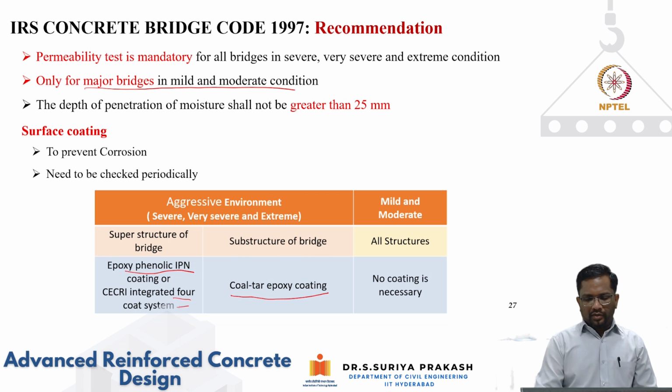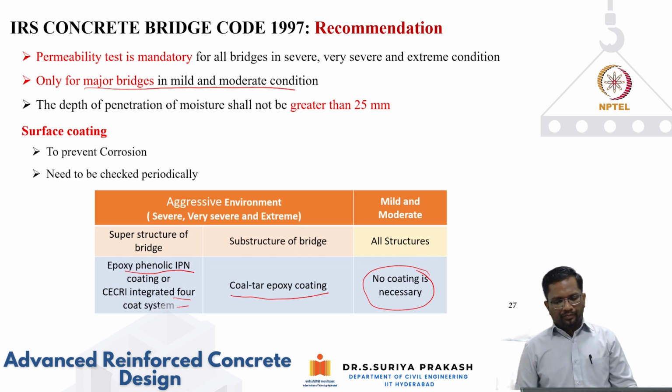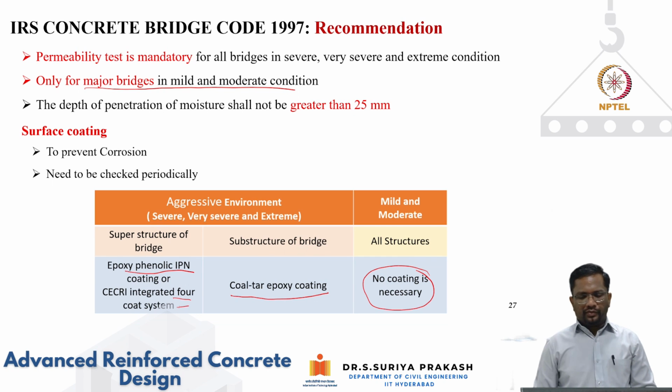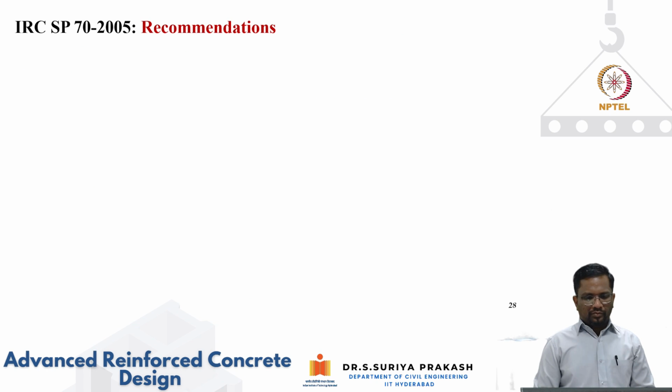And actually no coating is necessary, especially for structures in mild and moderate exposure conditions. Only for superstructure do we need to go ahead and apply some kind of coating for structures that are exposed to mild and moderate conditions.